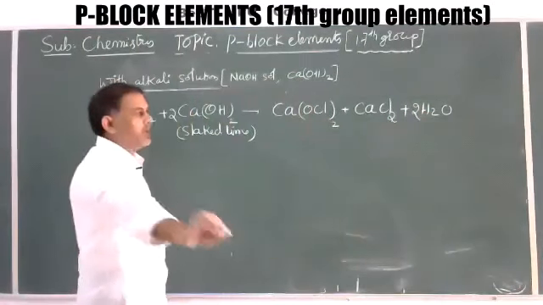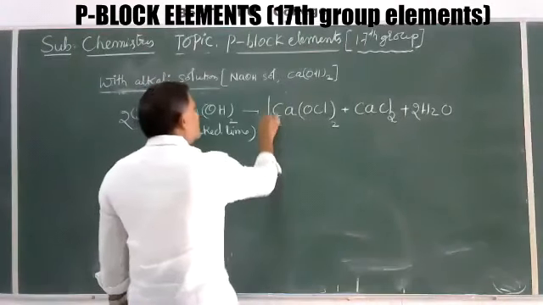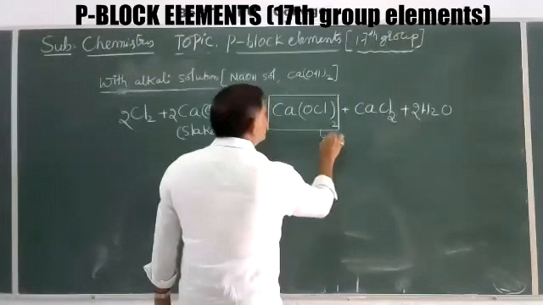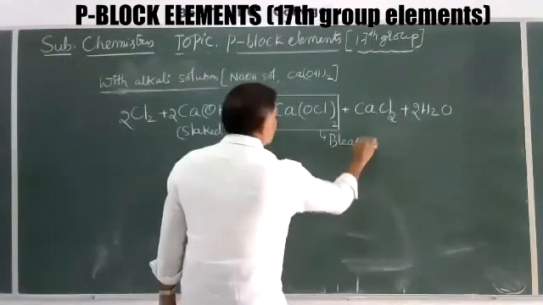Generally, while writing a chemical reaction, this calcium oxychloride is called the bleaching powder formula.